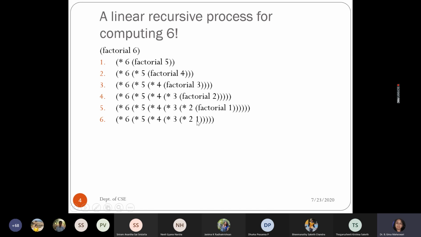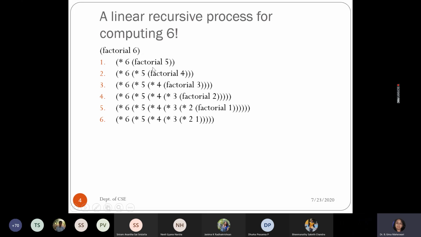Here it is substituting, and the inner parenthesis is calculated, 2 into 1, and that result is substituted in this place, and then that result is multiplied with 3 and substituted here, and that result with 4, and so on. Now just think about the process. For a given value, what is happening? There is an expansion.